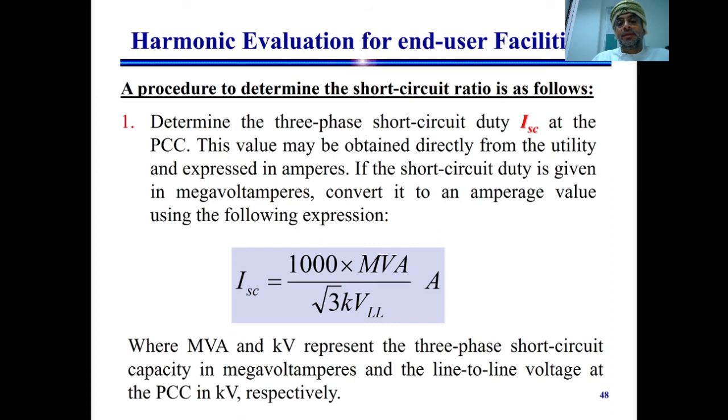This value may be obtained from the utility, because normally the utility will provide this value as megavolt ampere, and they call it short circuit megavolt ampere at the point of common coupling. Then we can find the current directly by taking the megavolt ampere and dividing it by the line voltage, or by the phase voltage, using this equation, and that will give us the short circuit current.